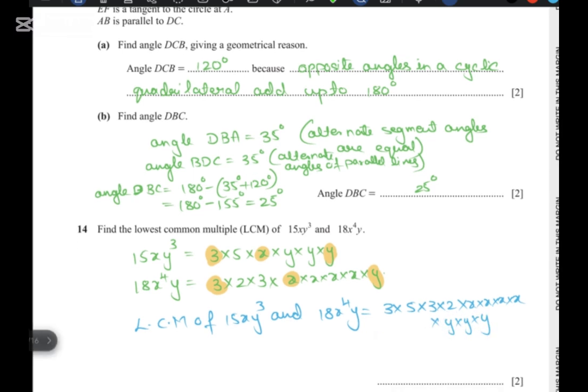So that will be 3 into 5, 15, 15 into 3 will be 45, and 45 into 2 will be 90. So it is 90 x raised to 4 y raised to 3. This is the answer for LCM.